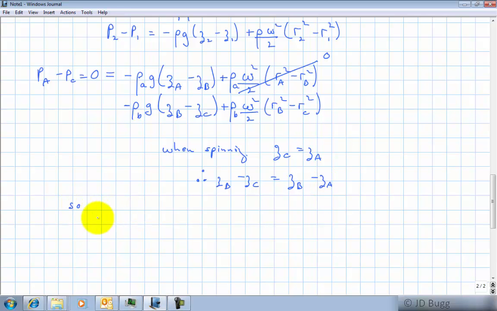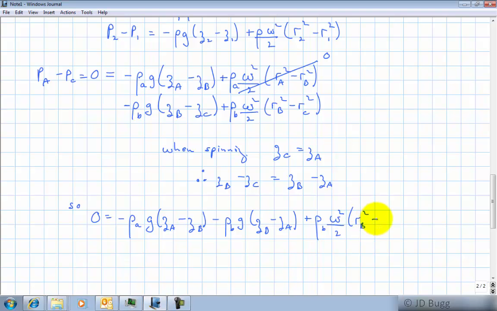So this expression, we still have 0 for the pressure here, equals minus rho A G, ZA minus ZB, minus rho B times G, ZB minus ZA, plus rho B omega squared over 2, RB squared minus RC squared.